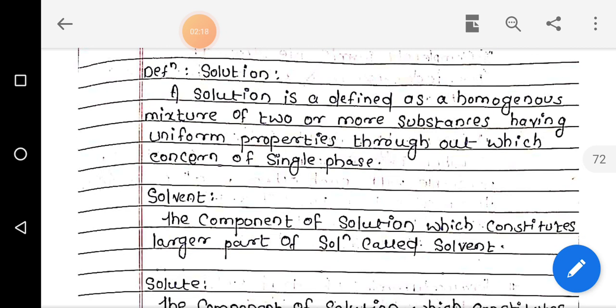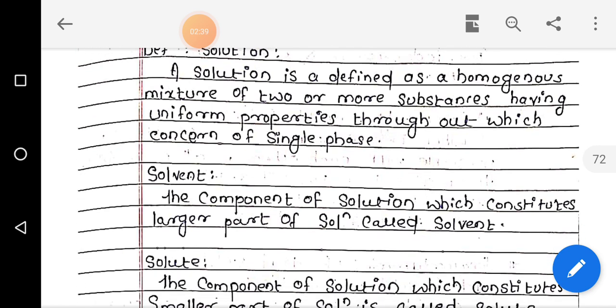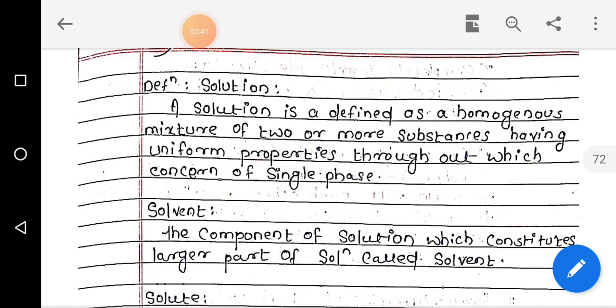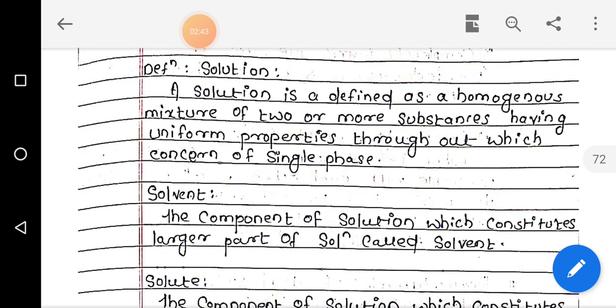But if you are taking the solute in maximum quantity, meaning you are taking 500 grams of sugar and 100 ml of water, it cannot be mixed, meaning we cannot form the solution. So the quantity is also most important. By explaining these concepts, we will understand the solution.